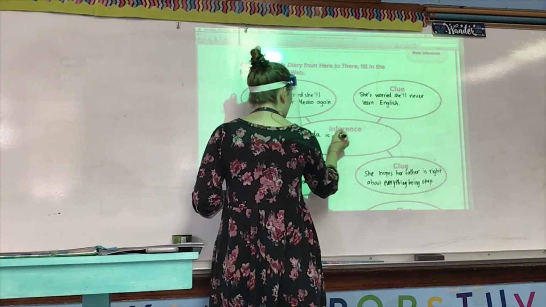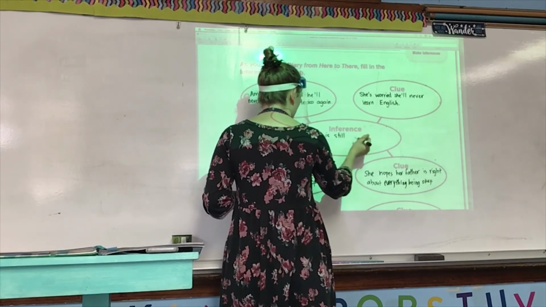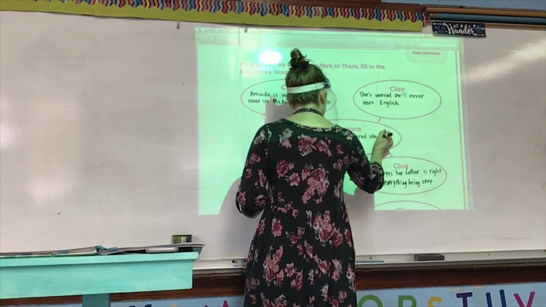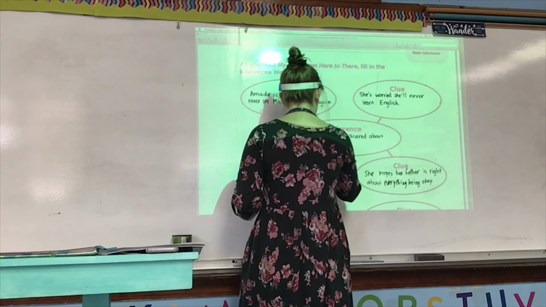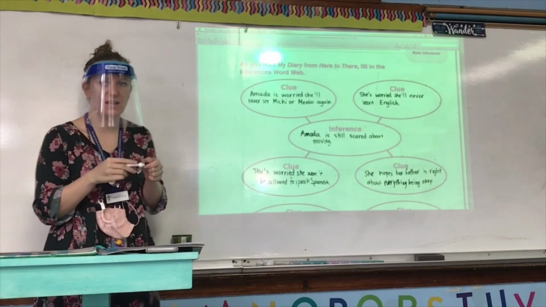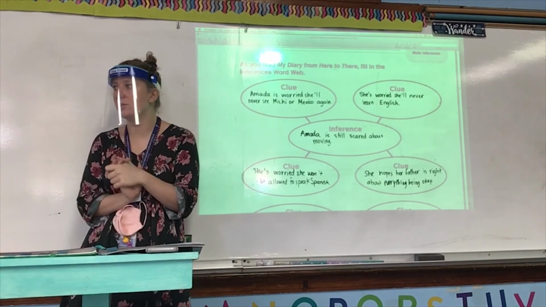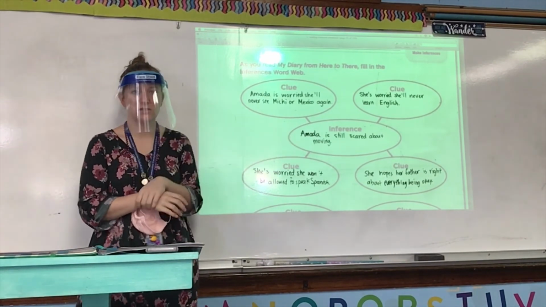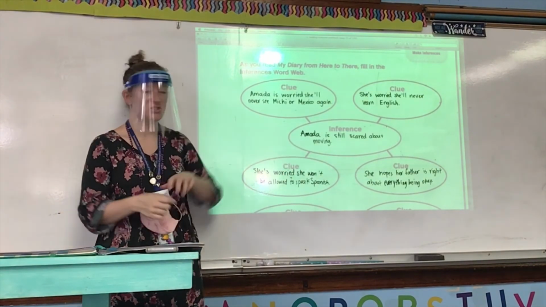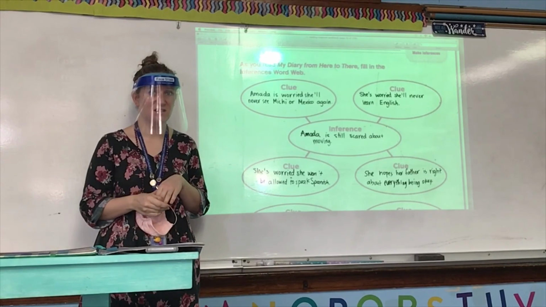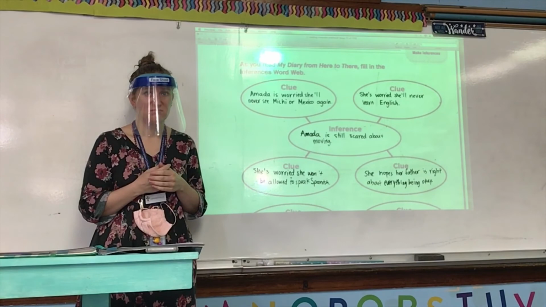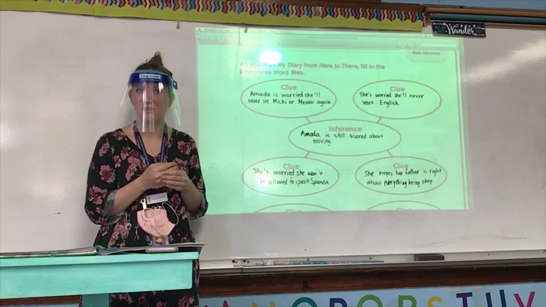Even after talking to her dad, she's still scared about moving. Do you agree with that inference? Has there been anything that happened, any clues that lead us to think the answer to that question, how is she feeling about moving? Any other answer other than she's scared? She's nervous? She feels better about it. Does she? Where does it say she feels better?